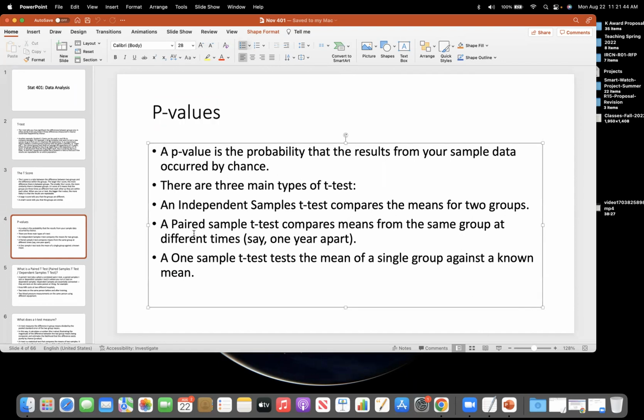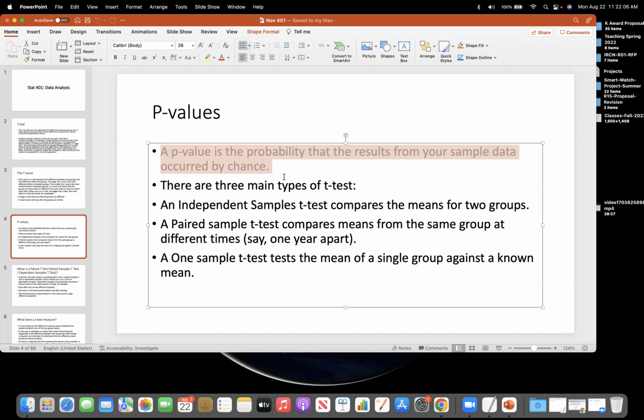Why 0.05, right? So the p-value is the probability that the results from your sample data occurred by chance. P is for probability that the results from your sample data occurred by chance, right?